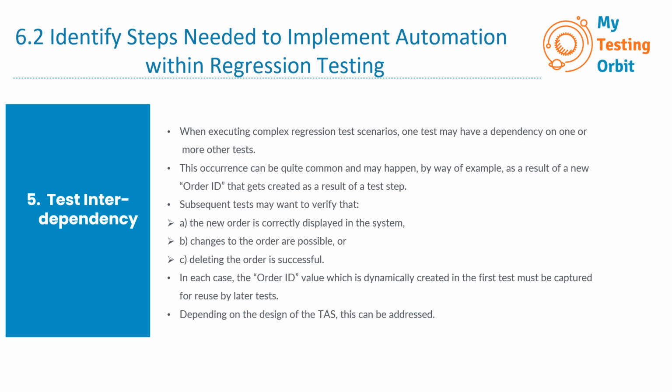So in these tests, when something is created in one test that the other tests need to use later, it's like grabbing that special key in a game to unlock new areas. The system needs to be designed in a way that lets these different tests share and use that important info like the order ID created in one test for the others that come after.